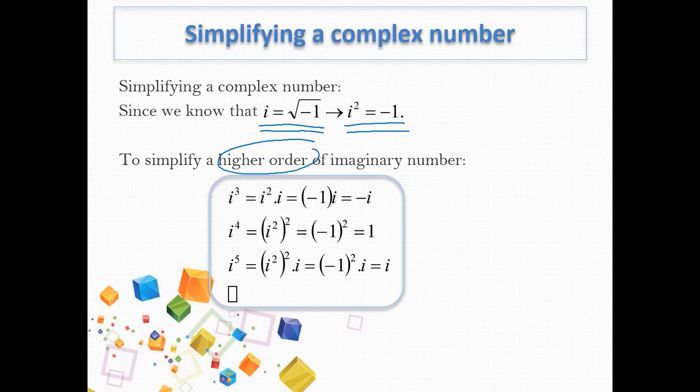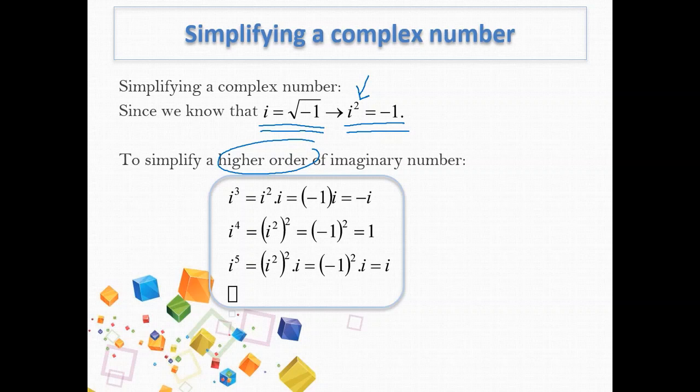For example, if you have i to the power of 3, this is equivalent to the product of i squared dot i. So you must hold to the basic, which is i squared.